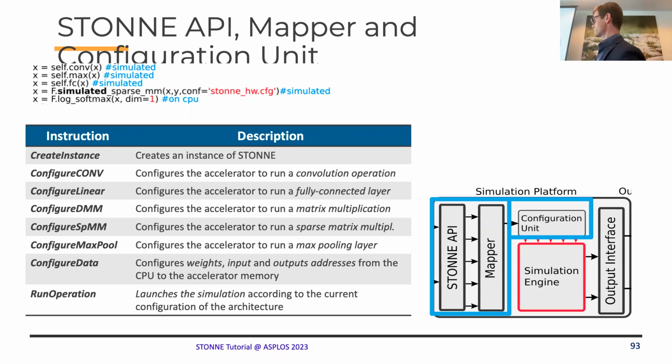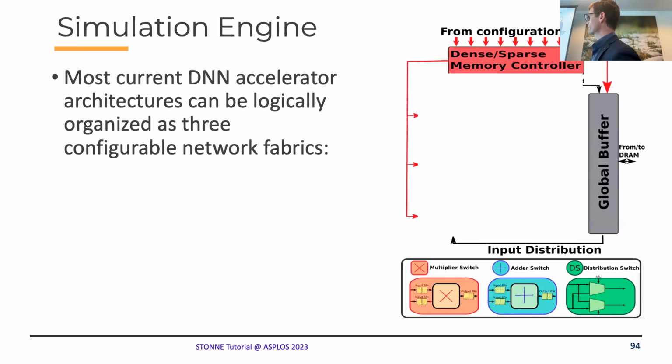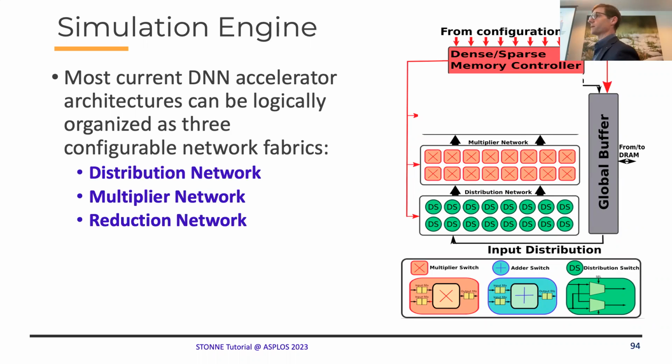So just to give you a little more context here, and then I'm going to give the word to Francisco. The simulation engine is inspired by the architecture of a memory proposal, in which the observation is that we can logically understand the architecture of an accelerator as having three major on-chip networks: the distribution network, the multiplying network, and the reduction network, as I explained in the first part of the tutorial.